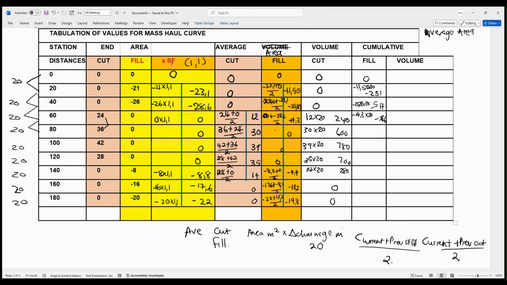Then here it's 0, 0, 0. Negative 4.4 times 20 is negative 88. Negative 13.2 times 20 is negative 264.